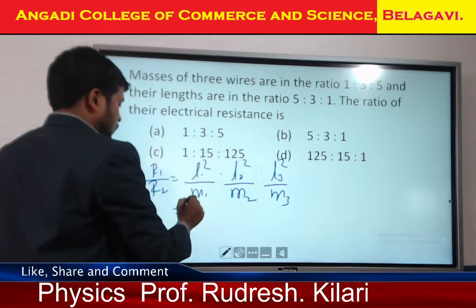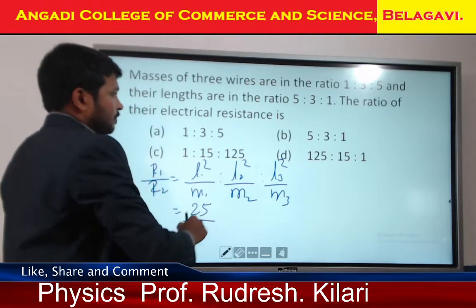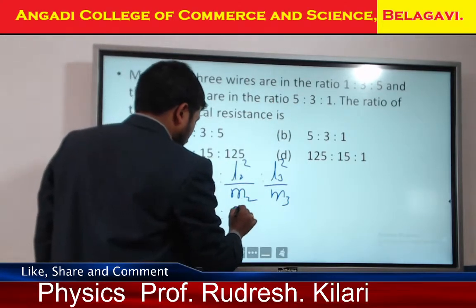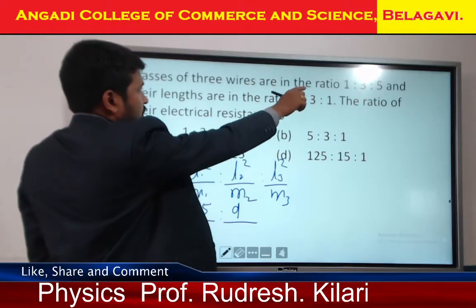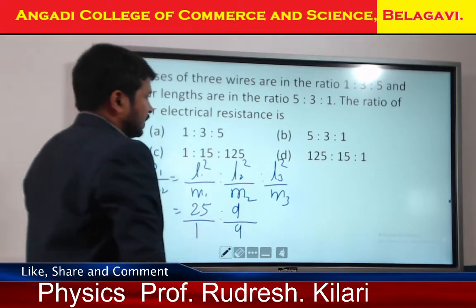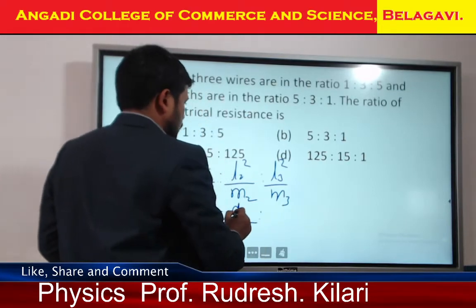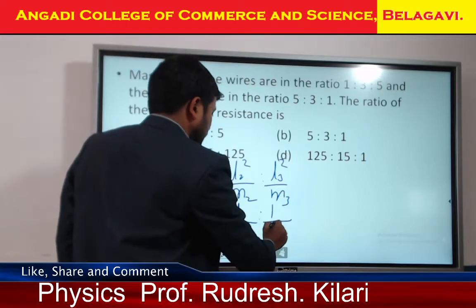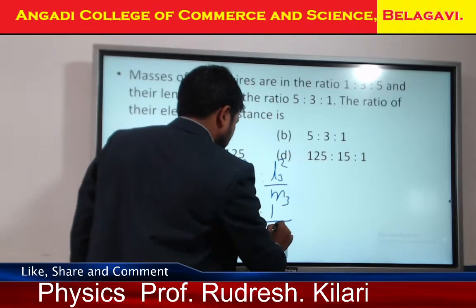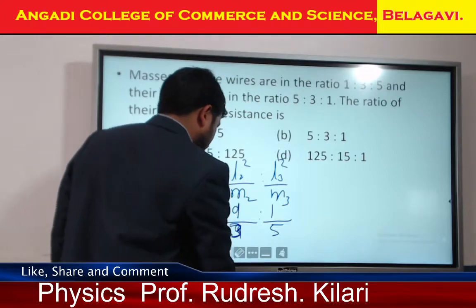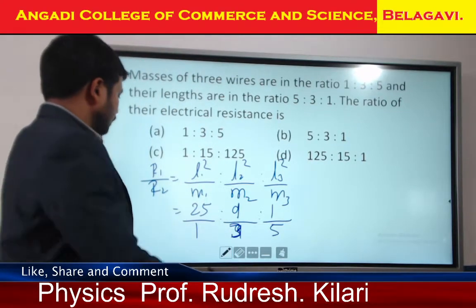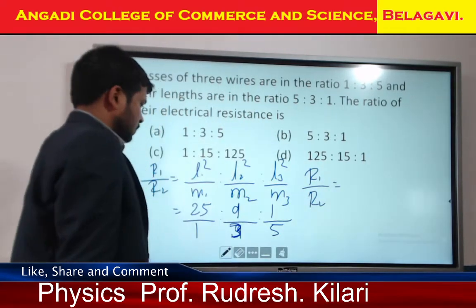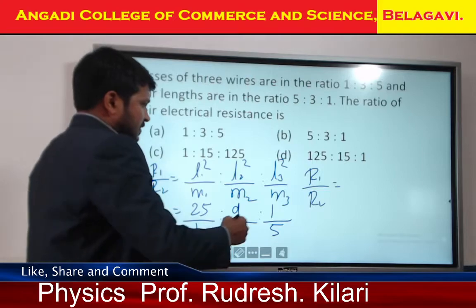That is 5 squared, 25, is to 1, is to again L2, 9 by, this is again, that is 9, okay, is to L3, 1 divided by 5, okay. R1 is to R2 equals, just take the LCM.